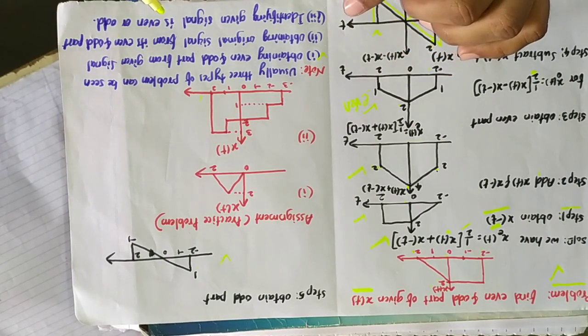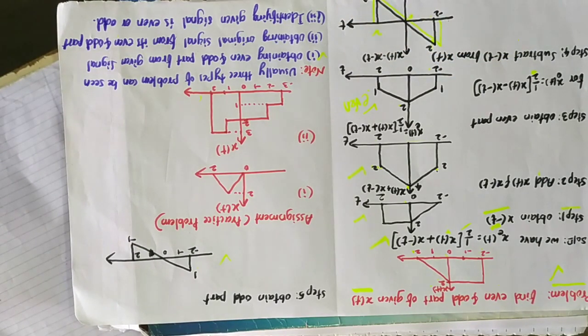In this, they will give you the even part as well as the odd part, and they will ask you to identify what the original signal is. So how do you get the original signal from the given even part and odd part? Just add them.